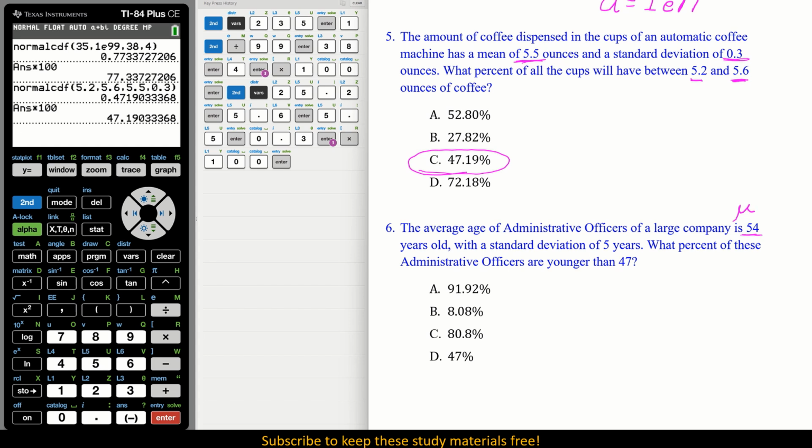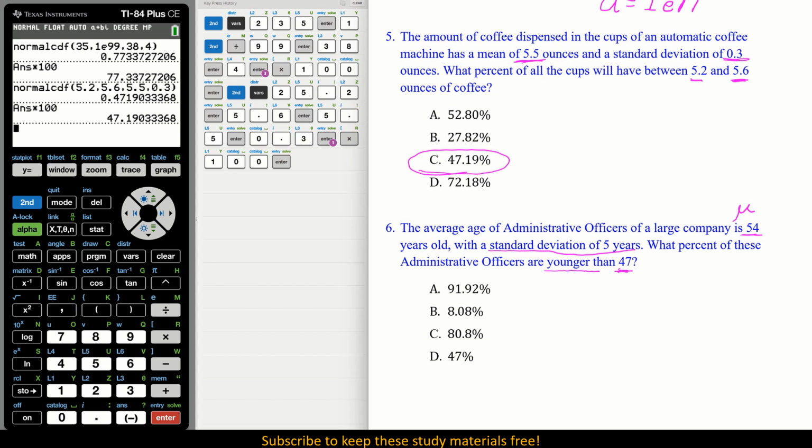With a standard deviation of 5 years, what percent of these administrative officers are younger than 47? Okay, younger than, so we are not including the 47.